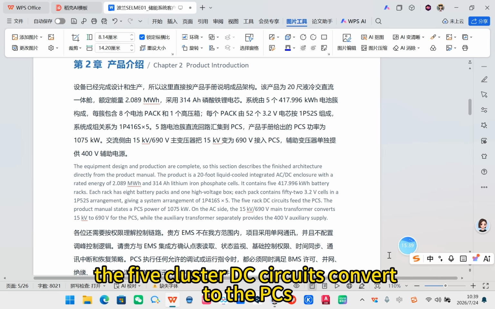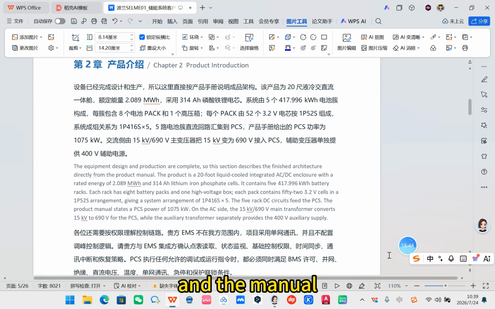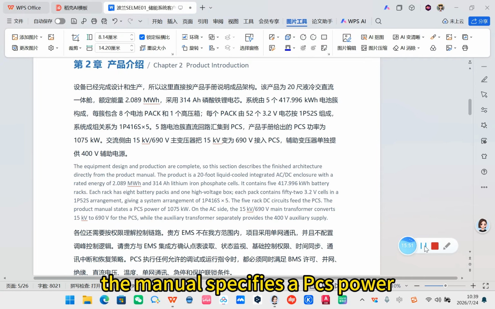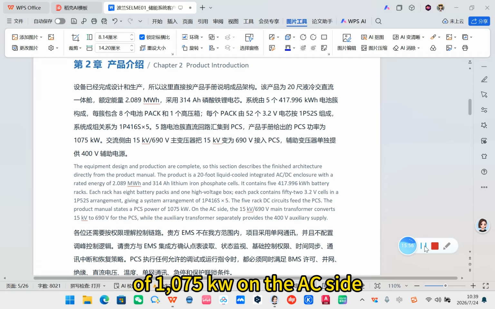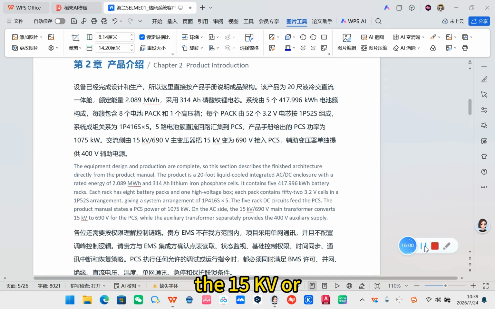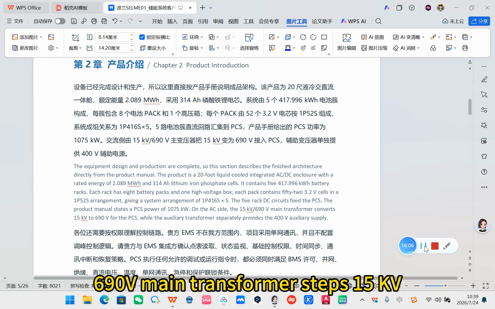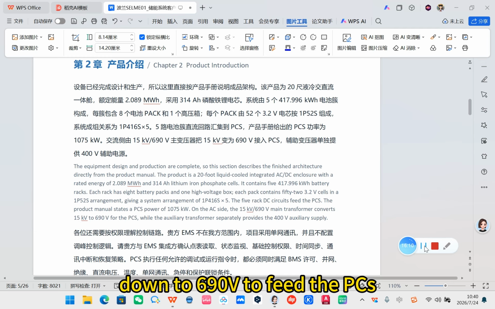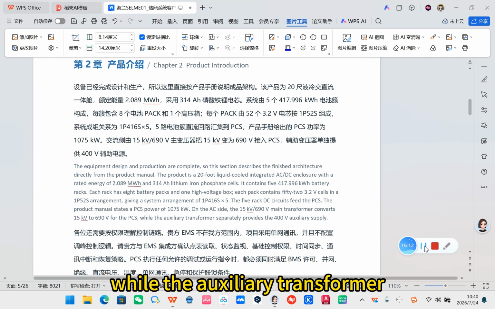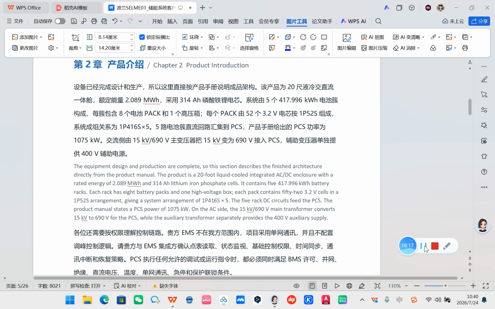So the 5 cluster DC circuits converge to the PCS, and the manual specifies a PCS power of 1075 kW. On the AC side, the 15 kV or 690V main transformer steps 15 kV down to 690V to feed the PCS, while the auxiliary transformer separately supplies 100V.